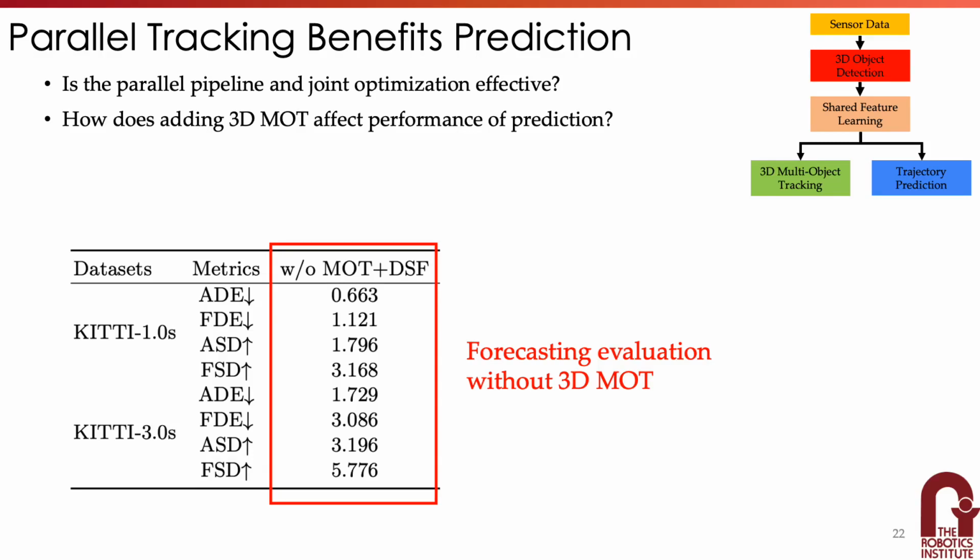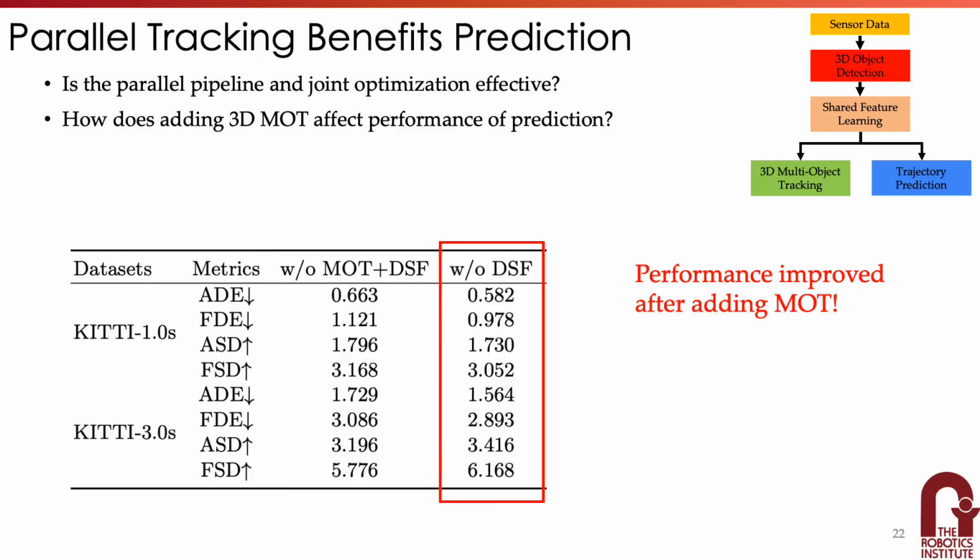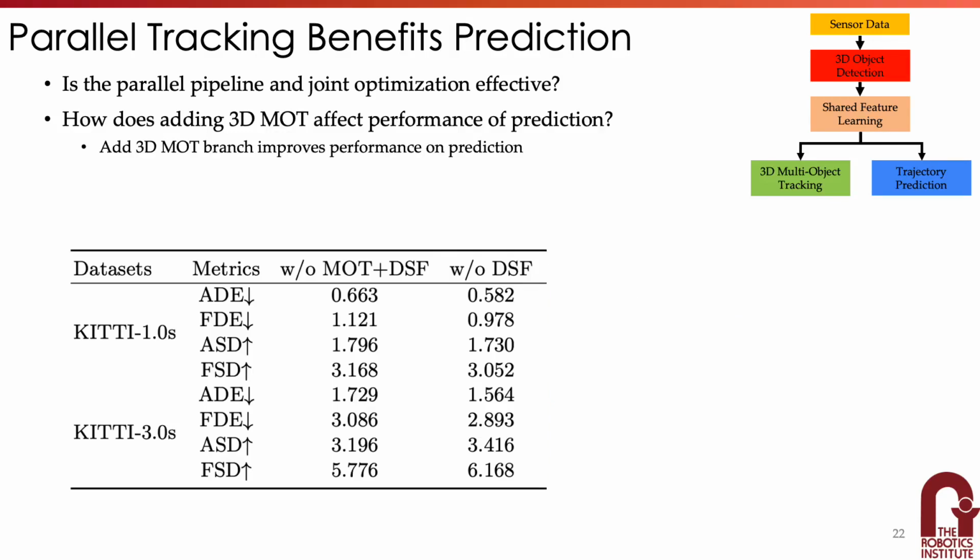The additional ASD and FSD metrics are used to measure diversity of the trajectory samples, which stand for average self-distance and final self-distance. Then, when we add the parallel tracking module in the PTP pipeline, we can observe a clear improvement in the prediction performance across different metrics. This shows that joint optimization with tracking is beneficial to prediction.